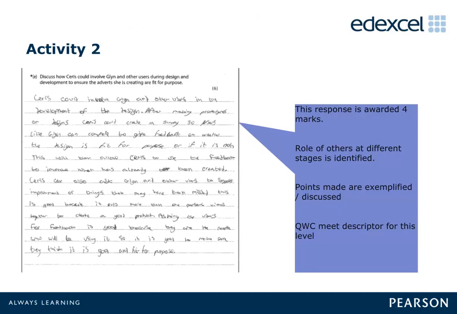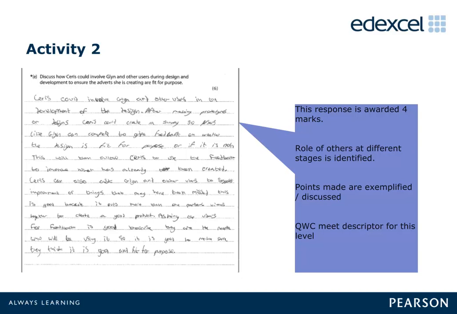This example is awarded 4 marks. The response refers to how the others could have input into different phases of the design and development process, such as providing feedback on prototypes throughout development, and using the product to ensure it is right, implies user testing.